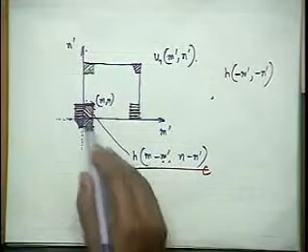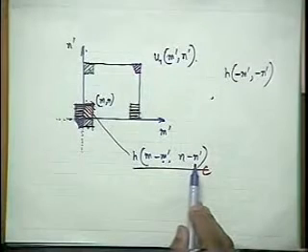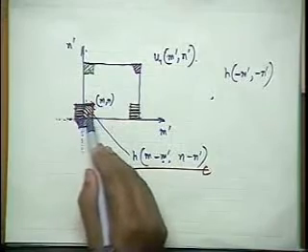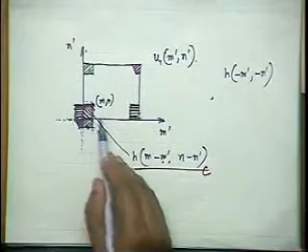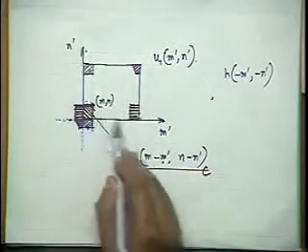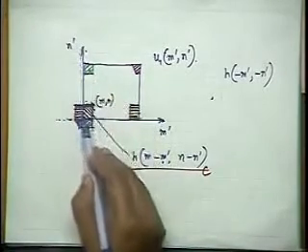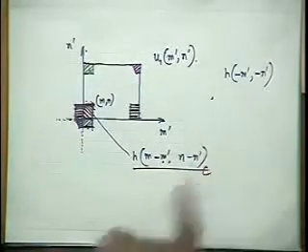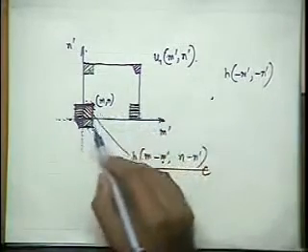Now the question is that this h of m minus m prime, n minus n prime is circularly defined. So as a result, the region which is going out of the positive m prime and positive n prime axis, that is to say the region which is not in the first quadrant, will simply get folded over to the other parts of the image.